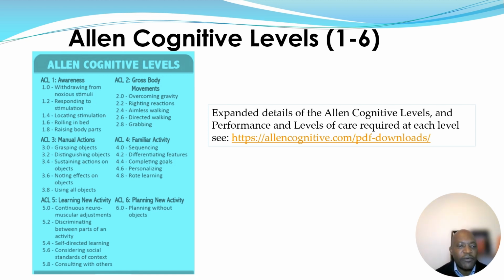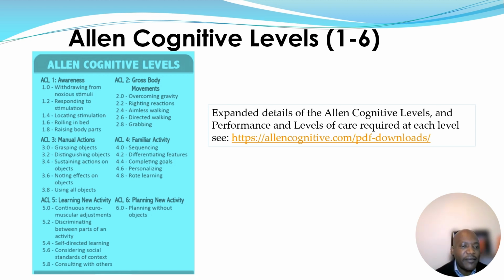Level 4 is about familiar activities. According to the literature for the cognitive disabilities frame of reference, when an individual is able to score level 4.6, which is named personalizing, from that level upwards, that's where we expect an individual to be able to live independently.